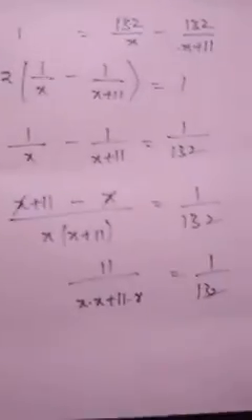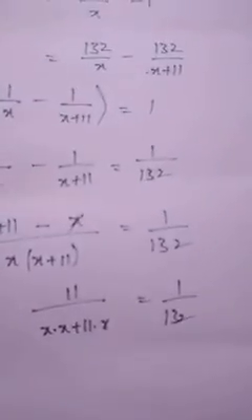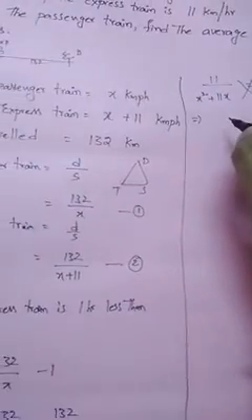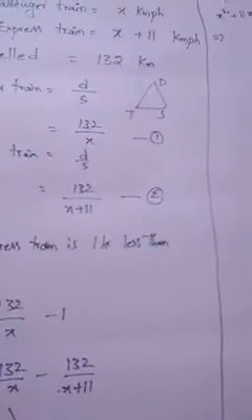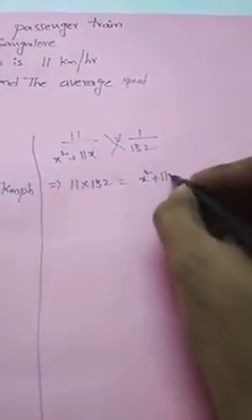See here, what is the condition? 11 by x into x, x square plus 11x is equal to 1 by 132. Do the cross multiplication. We'll get 11 into 132 is equal to x square plus 11x.